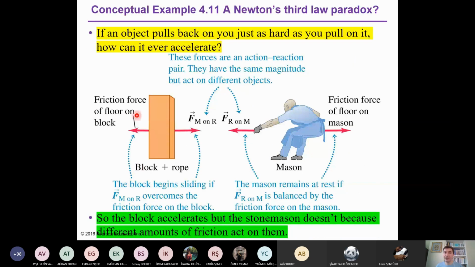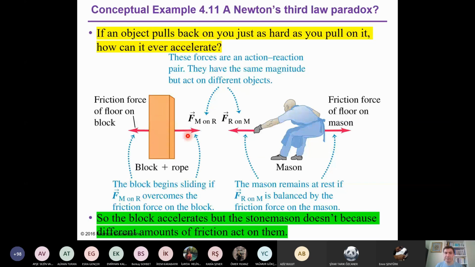Let me continue with another conceptual example from the book, 4.11, a Newton's third law paradox. So here, let me discuss the situation. If an object pulls back on you just as hard as you pull on it, how can it ever accelerate? Let's consider that this stonemason is pulling this block and rope mass, okay?